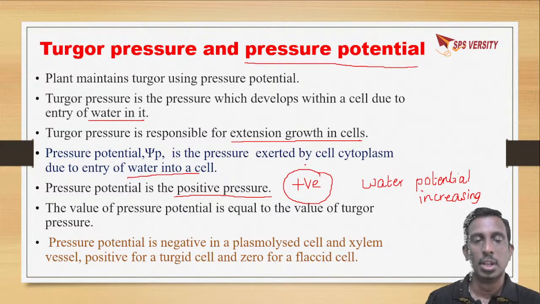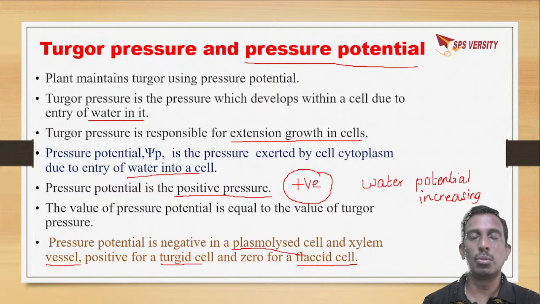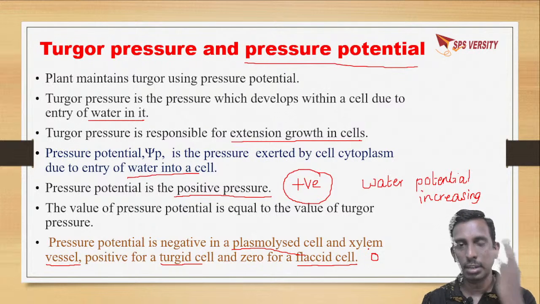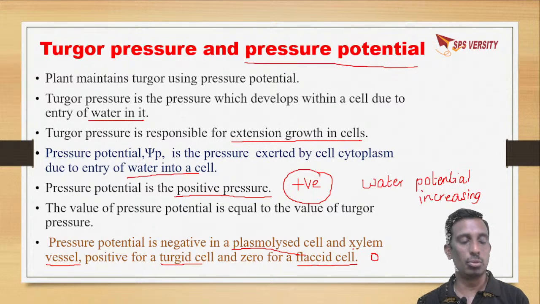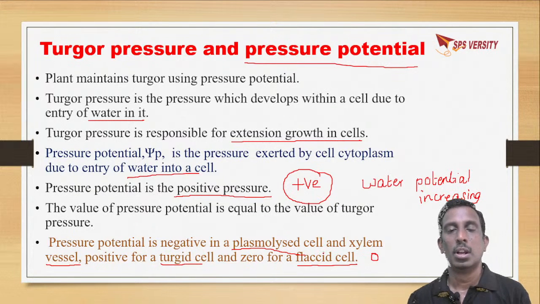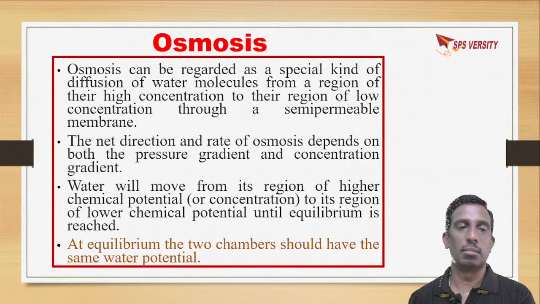Okay. और कुछ केसेस में प्रेशर पोटेंशियल नेगेटिव रहता है, is negative in plasmolysed cell and xylem vessel, टर्जिड सेल में पॉजिटिव रहता, और फ्लैसिड सेल में इसका वैल्यू 0 रहता.